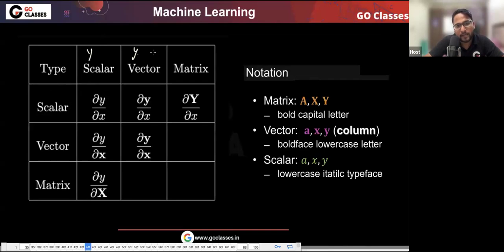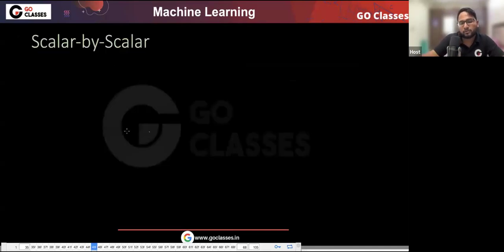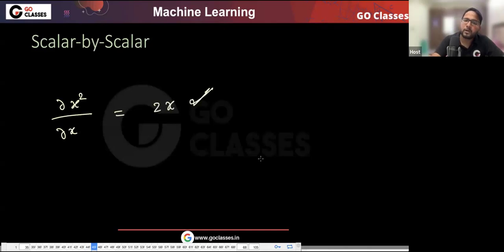Y can be scalar, vector, or matrix. This is x. X can be scalar, X can be vector, X can be matrix. So every possible combination is there, right? So let's just quickly see how to find out the differentiation of one with respect to another. For example, this is, I think, very easy. Scalar with respect to scalar, this is 2x. This is very easy, right?